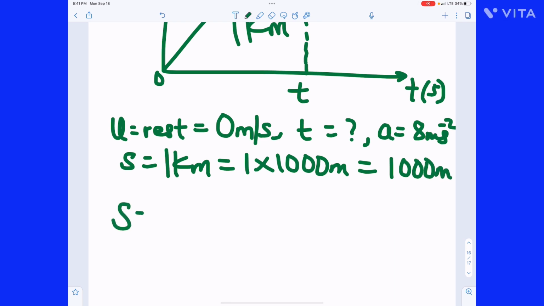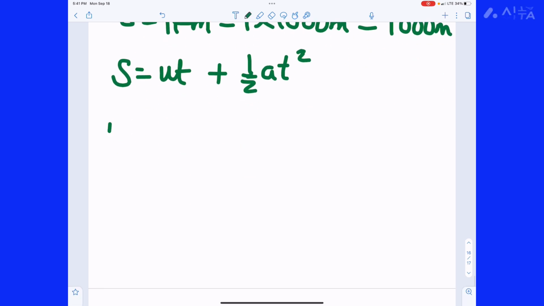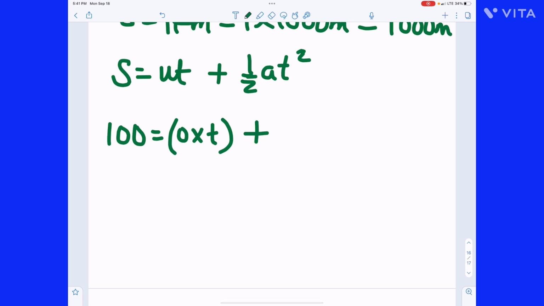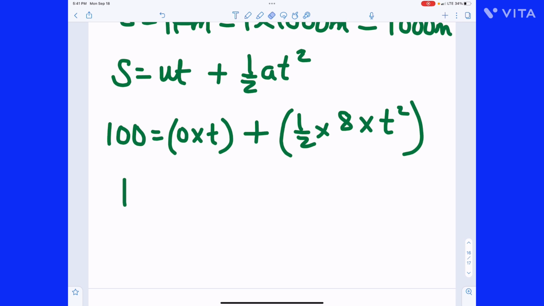So using s = ut + half at squared, what do I get? 1000 is equal to 0 times t plus half times 8 times t squared.